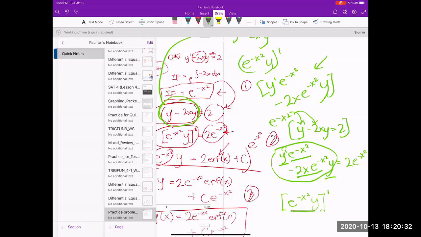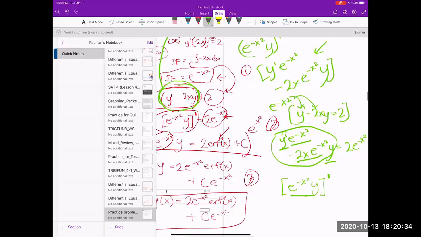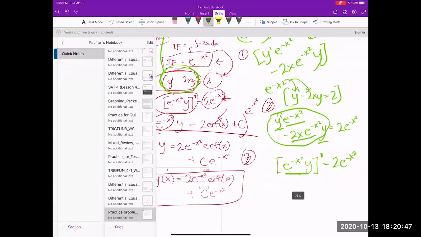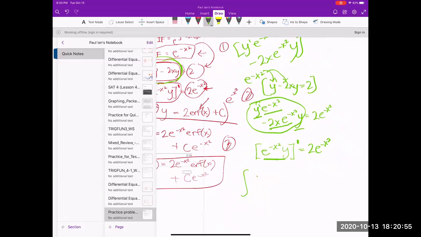Mm-hmm. And after you do that, then you just do this, because you have to simplify this somehow. And then, doing the long way of doing it, you take this guy, y prime dx. Is this dx?